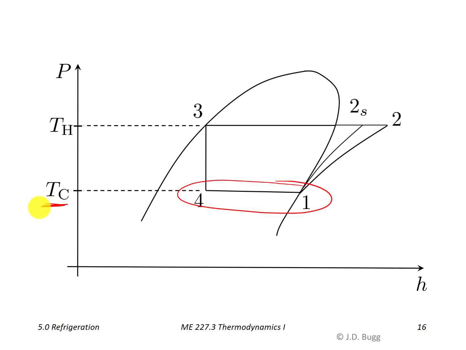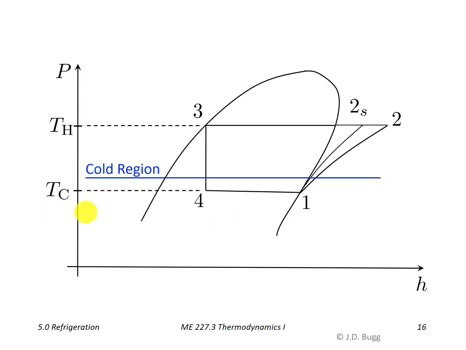So that means that the cold region that we're cooling has to have a higher temperature than Tc. Or another way to put that, the temperature of our refrigerant, Tc, has to be lower than the temperature of the region that we're trying to cool.